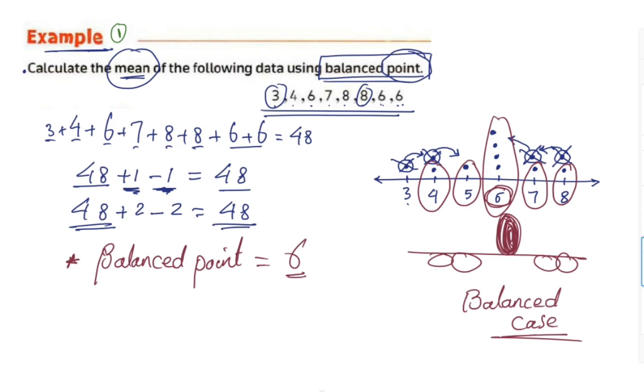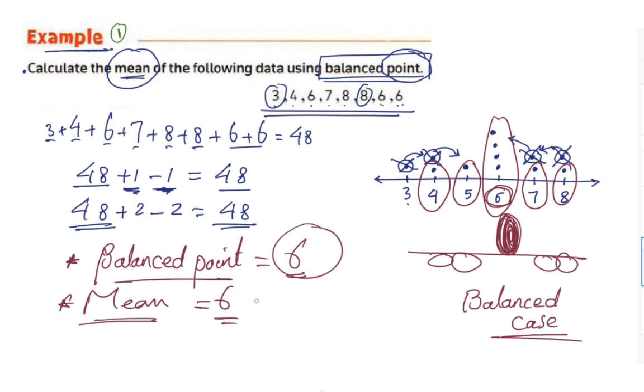Imagine you already found the mean. Yes, because the balance point equals the mean. That's the first way you can find the mean, from the balance point, 6 and 6. Now you finished your question number 1.